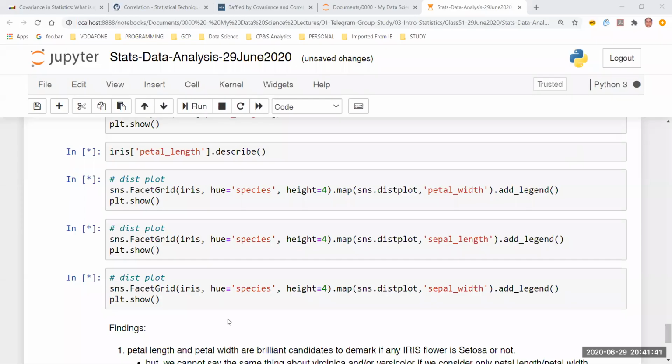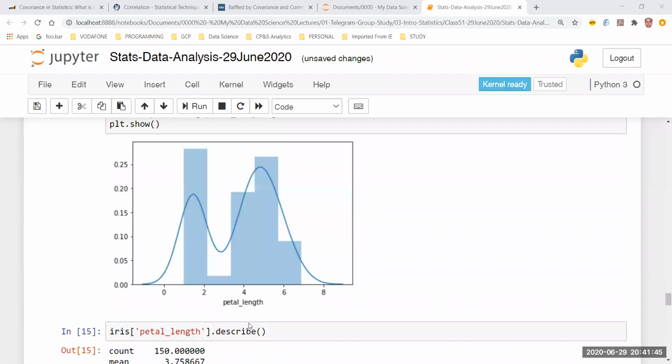Hi Rohit. Hope you can hear me. Let me just share my screen. Hello. Hi Rohit.